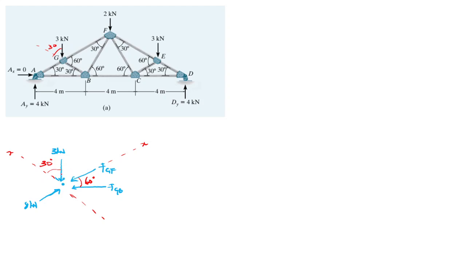So that has been done, and this is joint G. Now, for us to avoid unnecessary simultaneous equations, we follow the direction of the x and y axis.